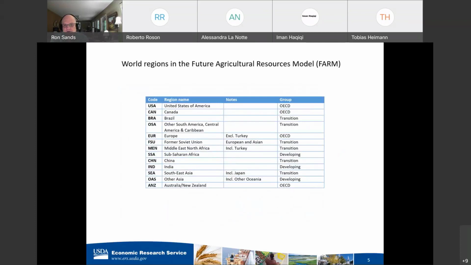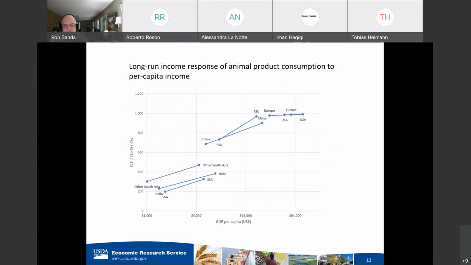I've clustered the regions into three. Developing regions, which are basically India, other South Asia, and Sub-Saharan Africa. And then the richer countries, the OECD regions, and then all the other regions are labeled as transition regions. So you see a clustering where the rich countries are pretty much saturated in terms of animal product consumption per capita, and there's little response to increase in income for those.